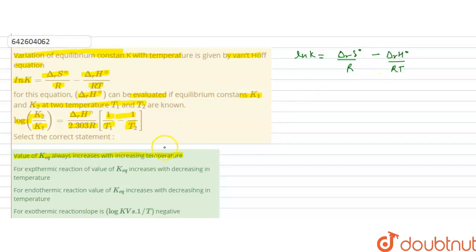Now in the question it is given that K always increases with increasing temperature. It means if we increase the temperature, generally the entropy change value, that is ΔrS°, increases. But ΔrH° will depend on the reaction, whether it is exothermic or endothermic.